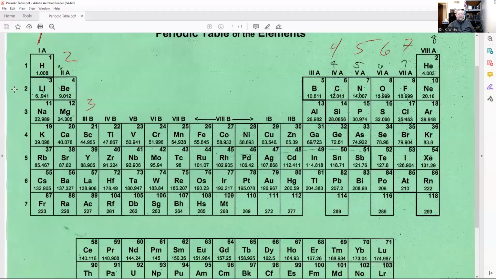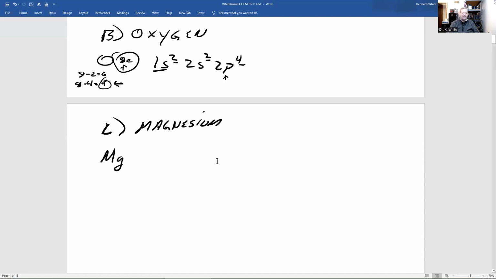If we look on the periodic table, you'll see right here, Mg in column 2 has atomic number 12. That's the number of electrons and protons. We're interested in electrons, and it's got 12 electrons. So I'm going to write that down because I like to let the paper do my thinking. We have 12 electrons we have to deal with.